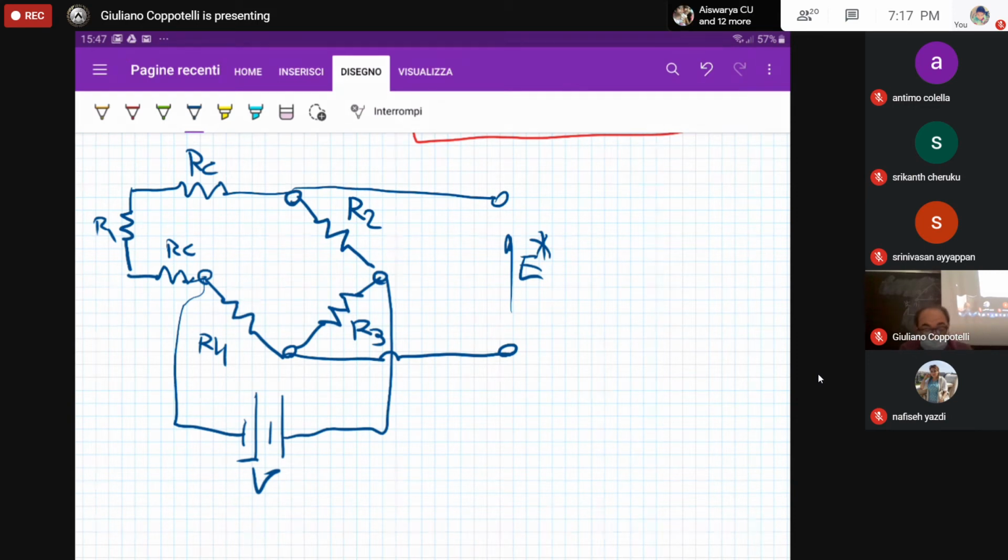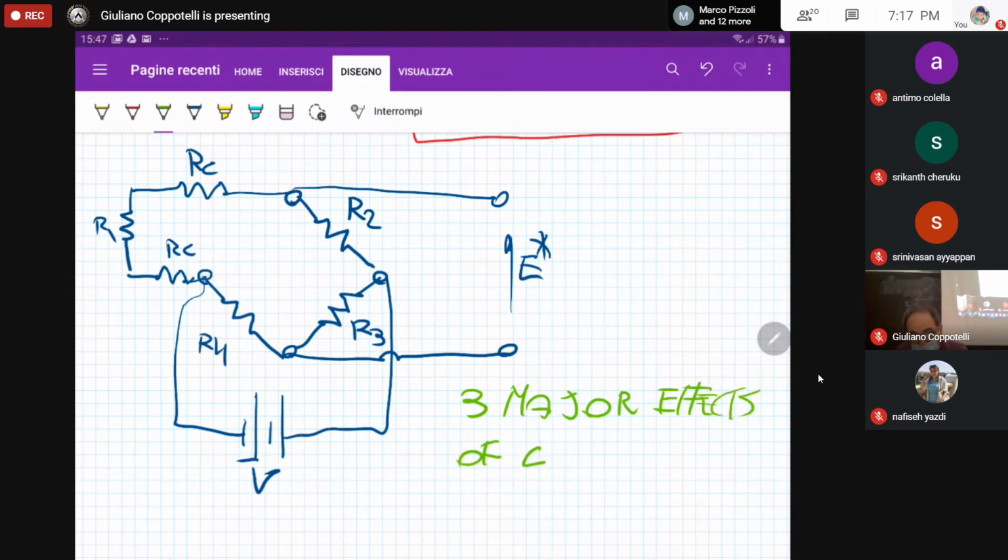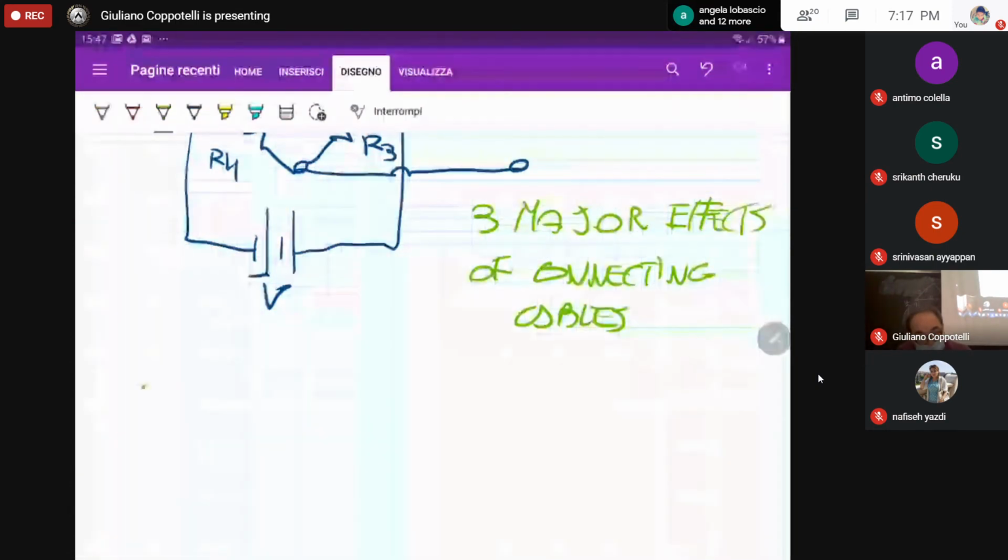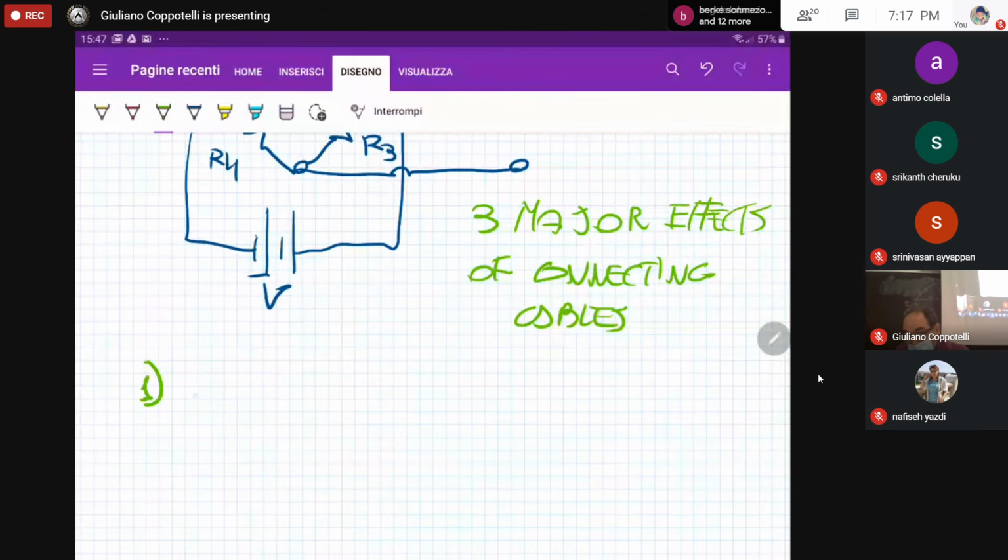The effects of this connecting cable are mainly three. Three major effects of connecting cables. These are, first, signal attenuation.